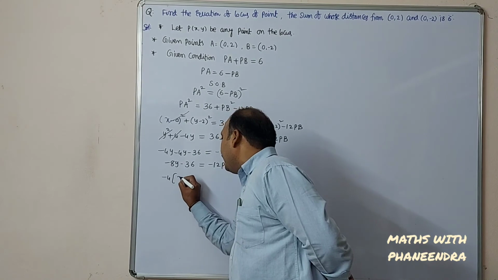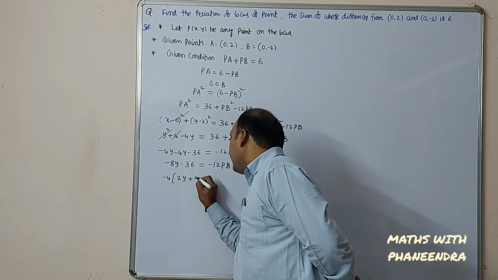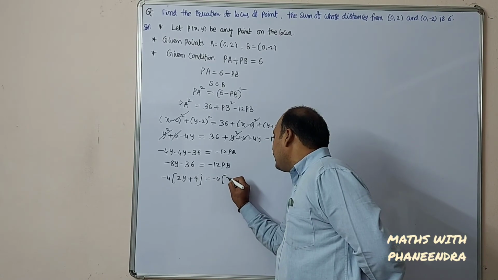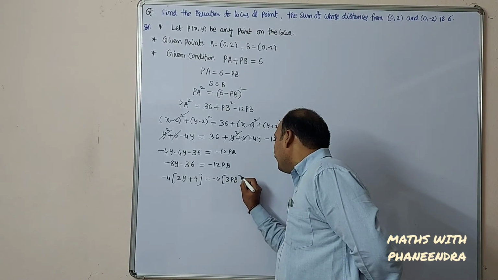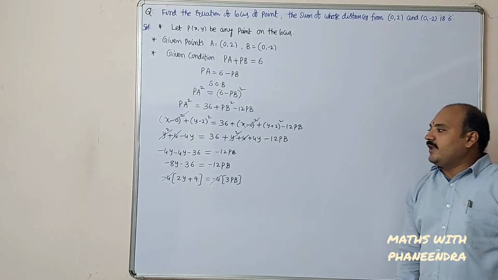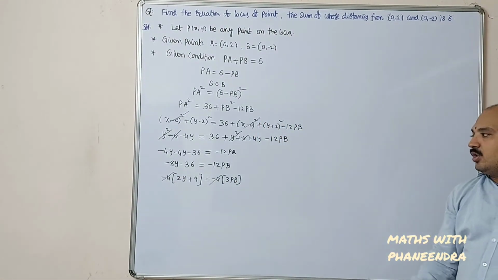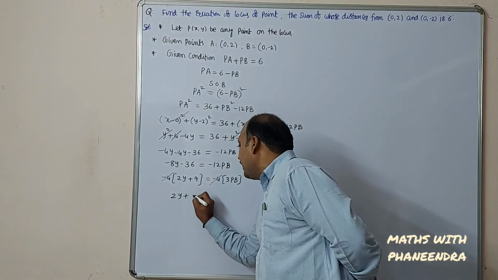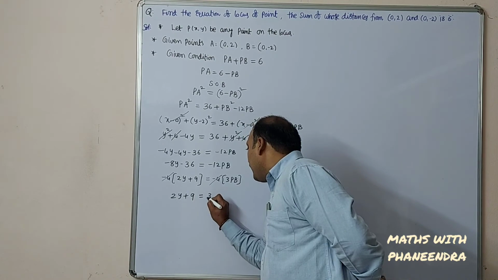Taking minus 4 common, 2y plus 9 is equal to minus 4 into 3 PB. So minus 4 gets cancelled. 2y plus 9 equal to minus 3 PB. Only plus 3 PB. So 2y plus 9 is equal to 3 PB.